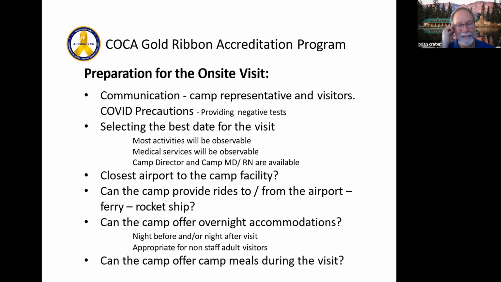We also ask that visitors have results of a PCR test within 72 hours before the planned visit, and that they have documentation for those and share it with the camp. So that's one of the things we ask for.